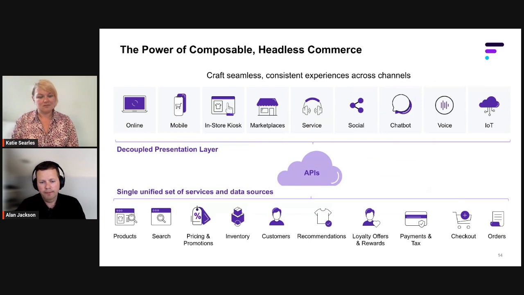There's also decoupling the front end experience, both for the channels that you serve your clients through, but also the systems and services that your internal users use. Any user interface really should be decoupled and detached from underlying systems that are supplying the data in order for that user interface to work effectively.